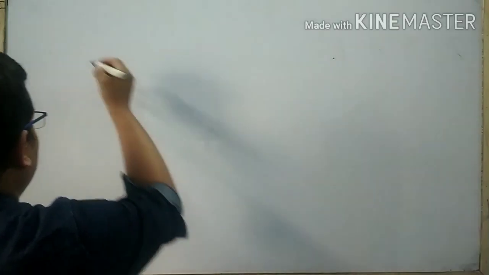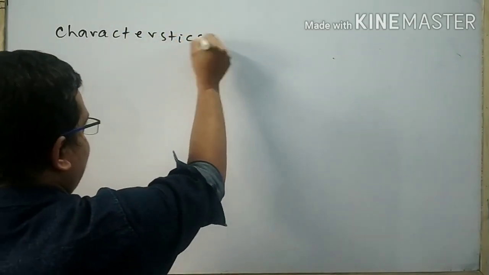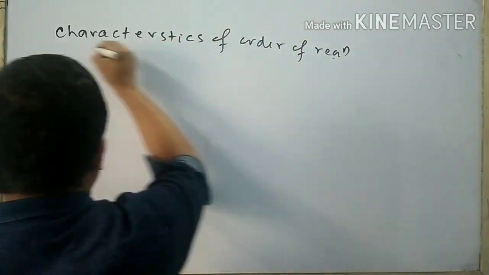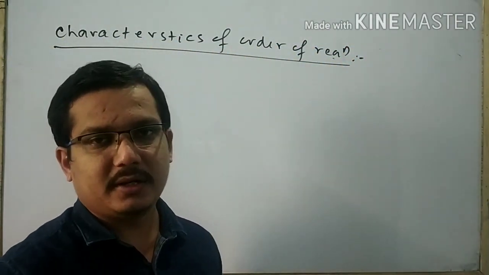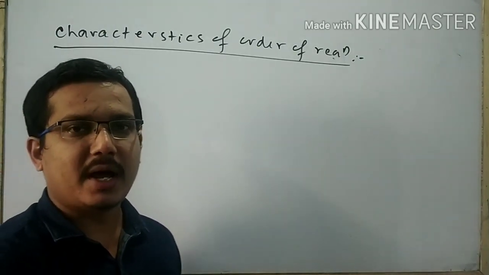Next I will discuss the characteristics of order of reaction. Order of reaction cannot be obtained by a balanced chemical equation. It can be obtained by experiment.